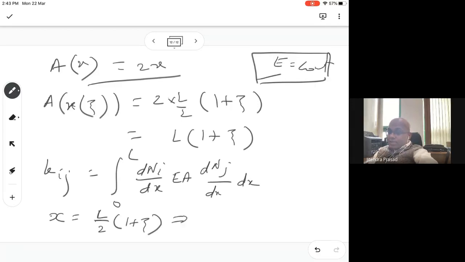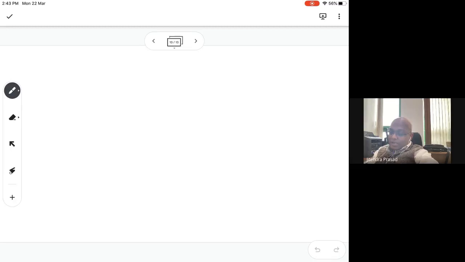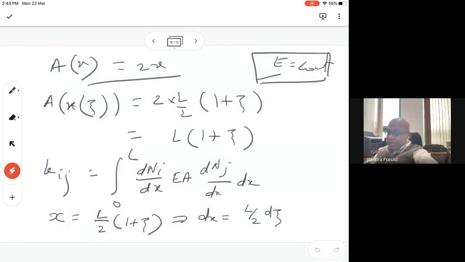And then you know that dx equal to L over 2 d xi. So this also tells you that dx over d xi equal to L over 2, right? This gets from here.